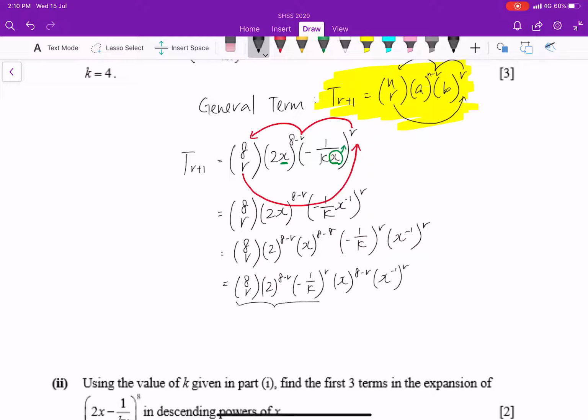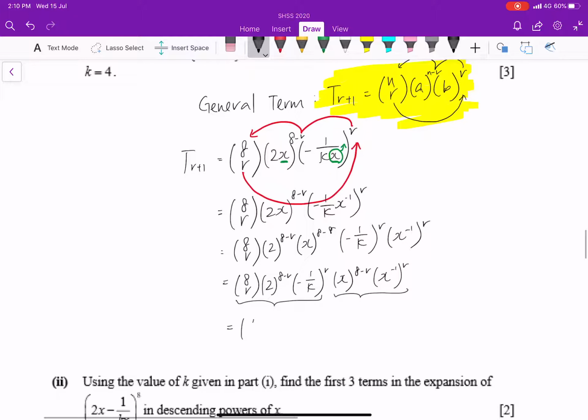Now there is nothing I can do with this, but I can simplify this. So this is 8Cr, 2 to the power of 8 minus r, minus 1 over k to the power of r. Now I'm going to simplify this. This will give me x to the power of 8 minus r times x to the power of minus r, which is going to give me x to the power of 8 minus 2r.